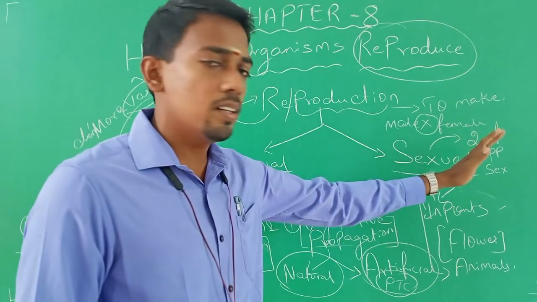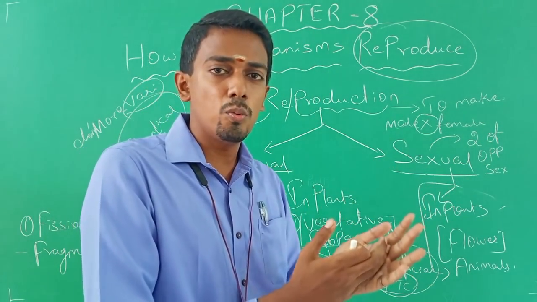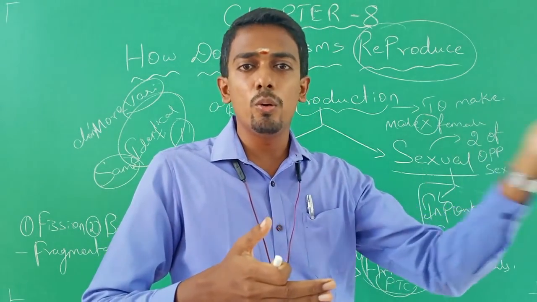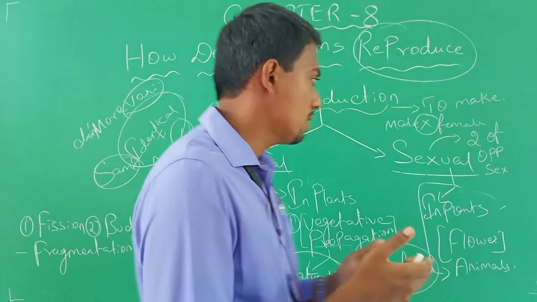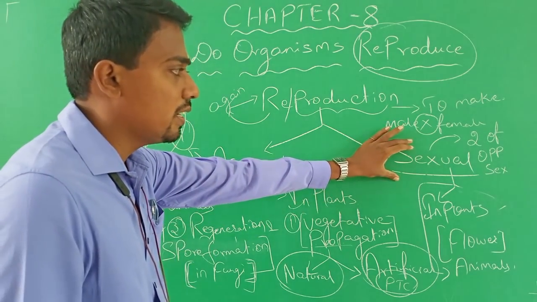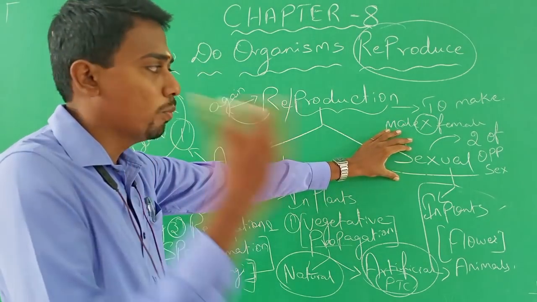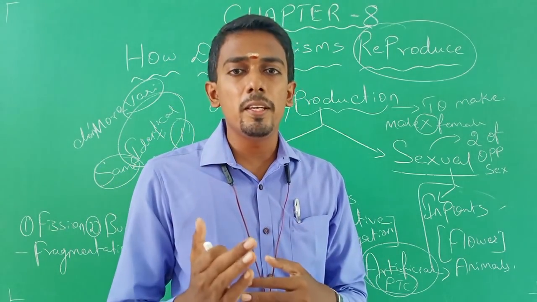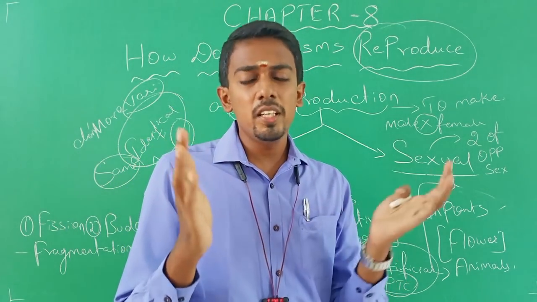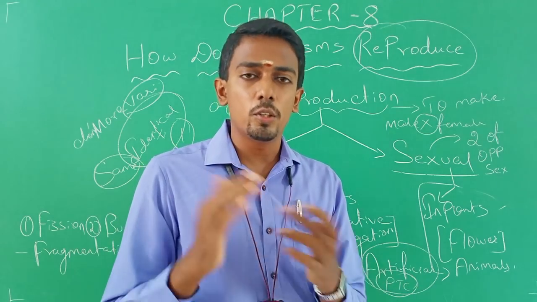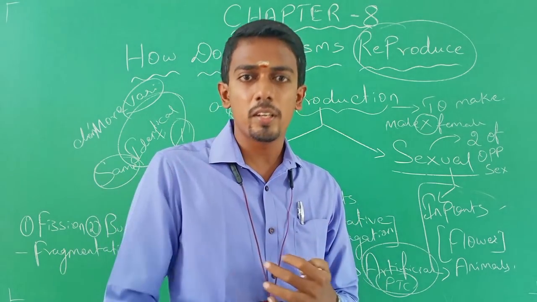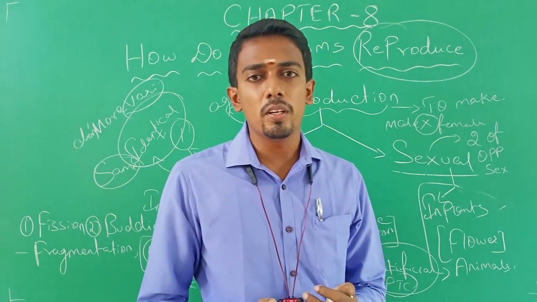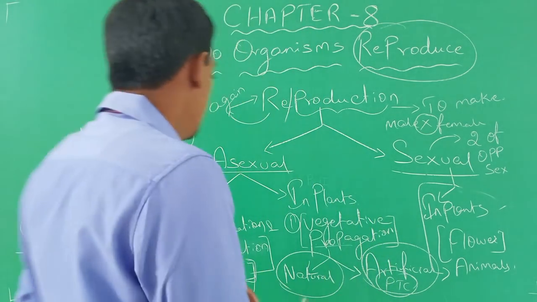So two parents of different colors create a new offspring with a combination of yellow and red together. So variation in sexual reproduction is more. That is the reason that in a family, if a couple has two children, the two children are the product of their own reproduction, but still they may have more variation because it is a product of sexual reproduction.